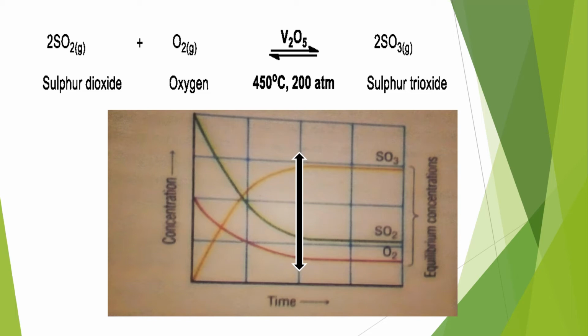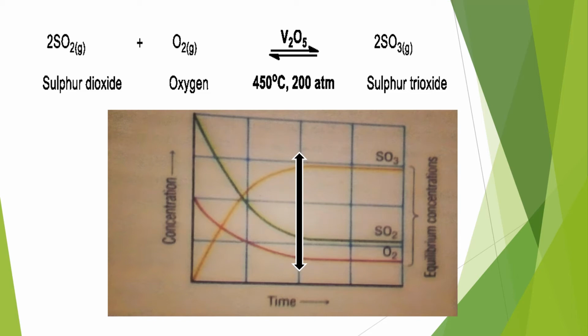So in the start, the forward reaction is very fast and the reverse reaction is almost zero. As time passes, the forward reaction slows down and the reverse reaction increases. You can see that a time will be reached when the concentrations of sulfur trioxide, sulfur dioxide and oxygen become constant. You can see the horizontal line that starts at this time, shown by this black arrow.